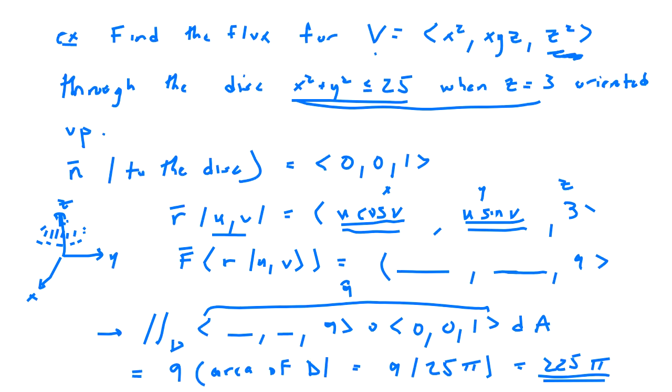And theta goes from 0 to 2 pi because we're doing the whole disk. It's just that I wasn't thinking ahead. So when I started writing out the parameterization, I said r is in terms of u and v. So instead of r's and thetas, I have u's and v's. But otherwise, these first two are just the usual polar coordinates. And then z, you can see, is just given.